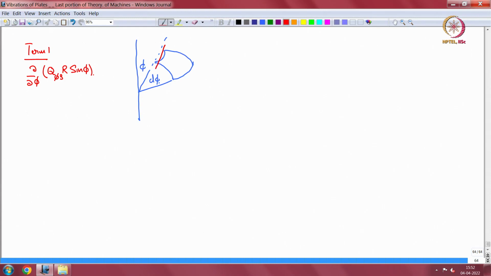On the negative face it's downward, it will go through the center, and here it is incremented. This also should go through the center. So this is q phi 3, this is q phi 3 plus del q phi 3 by del phi d phi. These are still force resultants, so we have to make them a force.